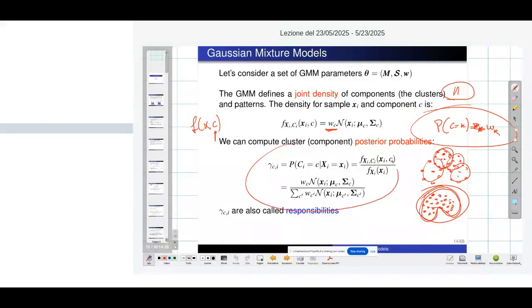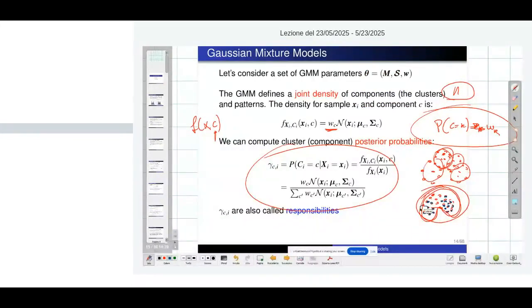Now, we have said that if we knew cluster labels, then everything would be easier. If we knew the real cluster label, so if I color these samples and tell you these samples were generated by component 2, these samples by component 3, and these samples by component 1, then it would be easier to find the mean and covariance of each component.